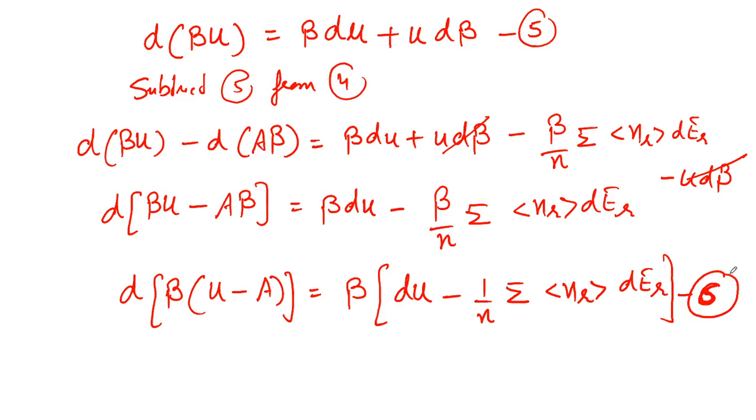Now if we assume that there is a mechanism with which energy levels can be altered, so that all the systems are affected in the same way, then in this equation number 6, the quantity, this summation, I will use a different pen, so let us write it in a new page.